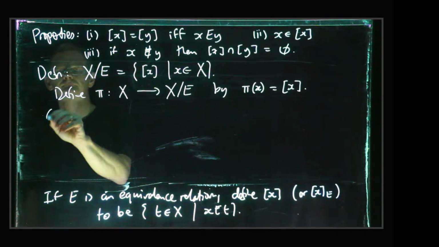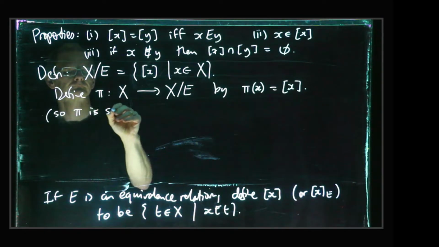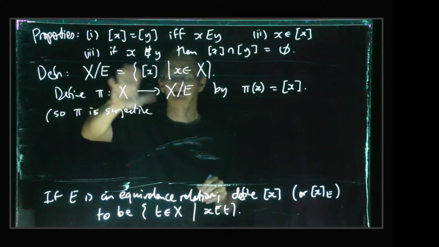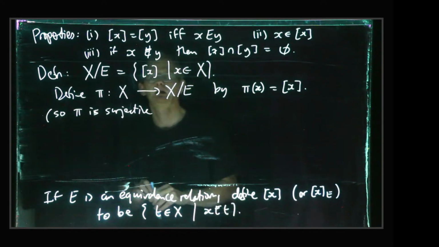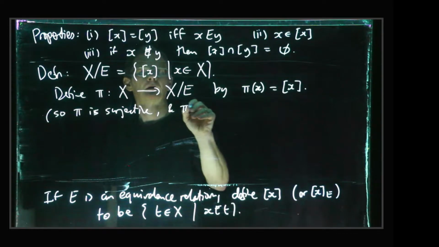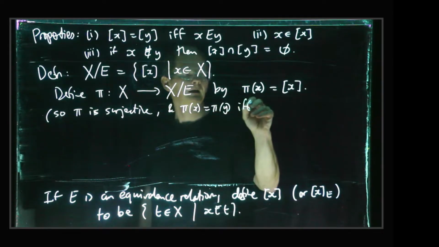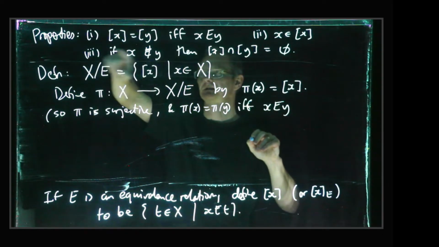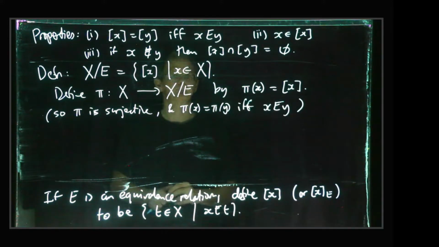So pi is surjective. Every element of X mod E is of the form square bracket x, in other words, it's equal to pi of x for some x. So pi is surjective, and pi x equals pi y if and only if xEy. It's just restating this first fact here in slightly different language.